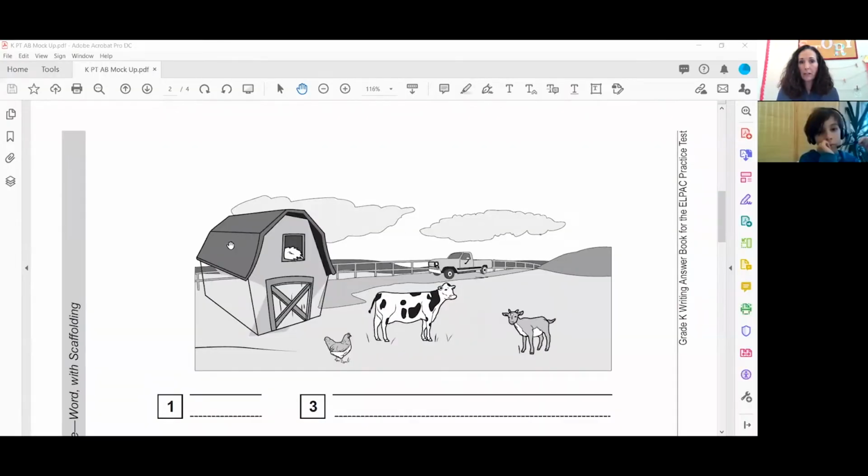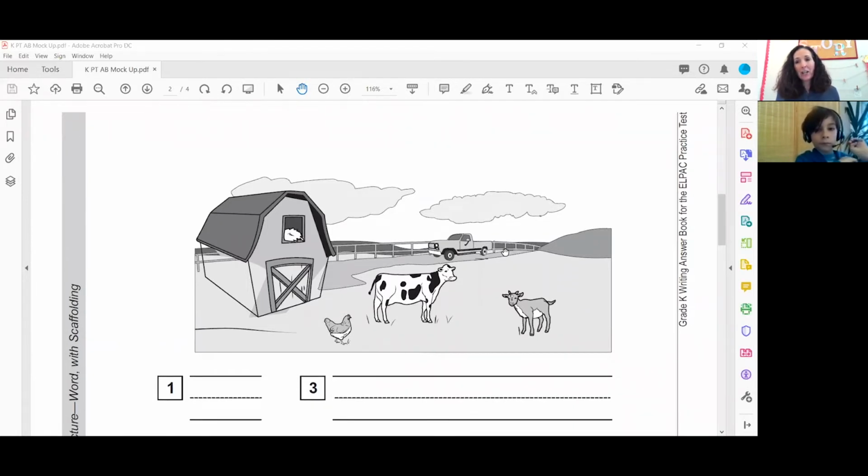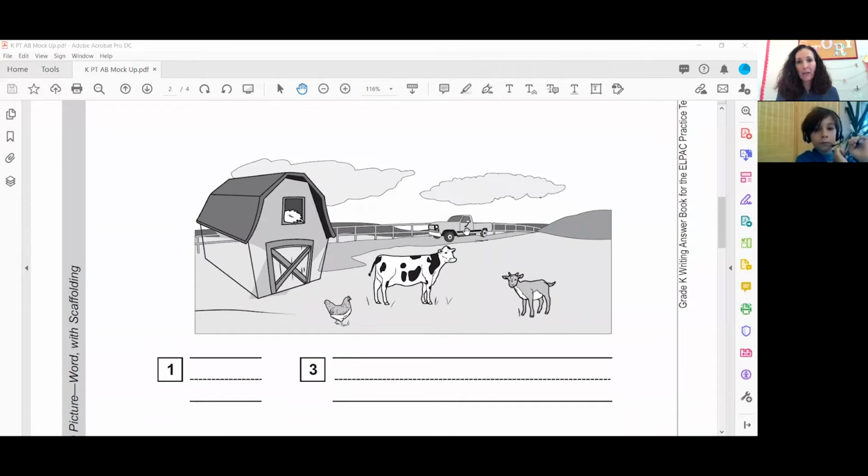Before I have you look at the computer to see where I'm pointing, I'm going to share my screen with you. Okay, do you see a picture of a barn on my screen? Yes, I do. Great, okay. Now, do you see on your paper that I gave you, you don't have a picture of a barn, do you?